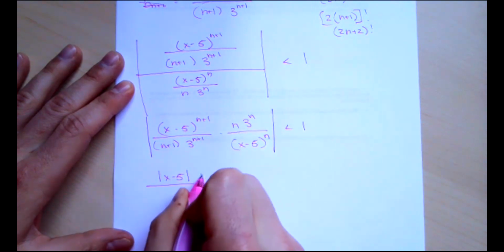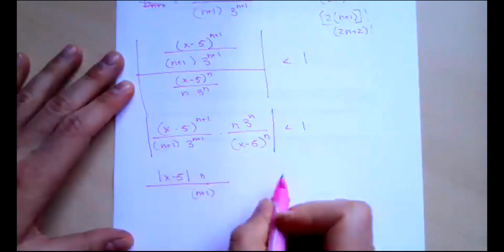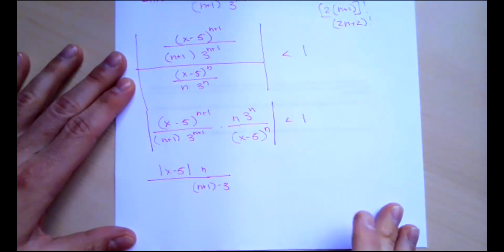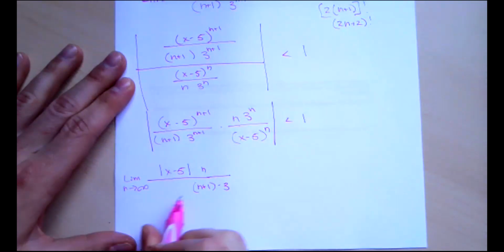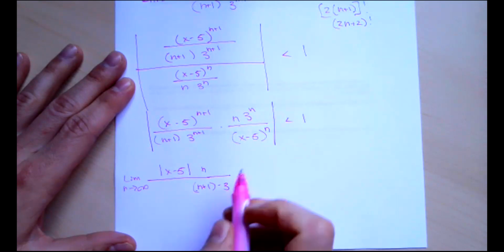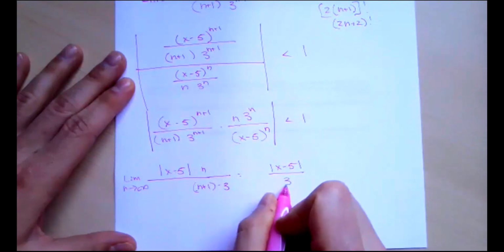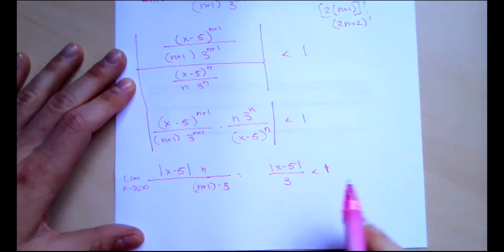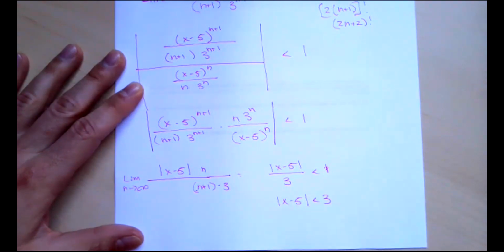We will have an n over n plus 1, and then a 3 in the denominator as well. When we take the limit, we just get 1 over 1. So I computed the limit, I set that less than 1, multiply the 3 over, and we get an equation like this.